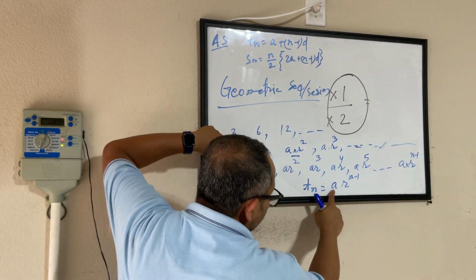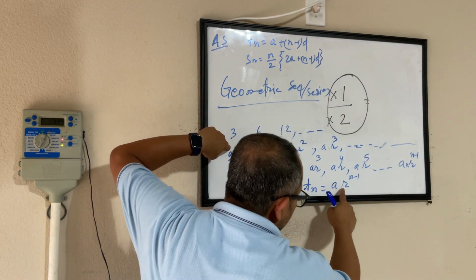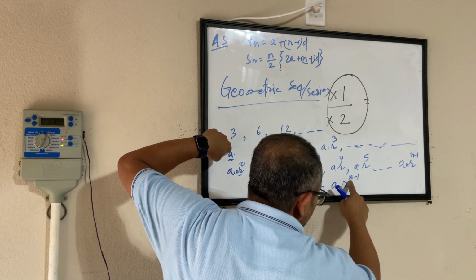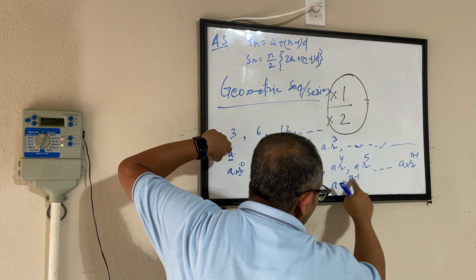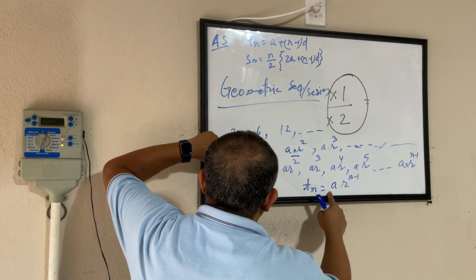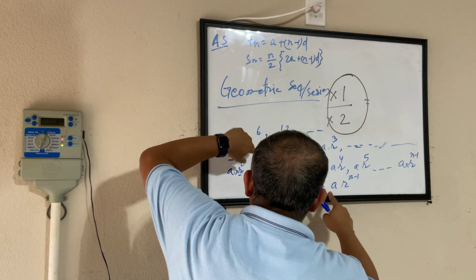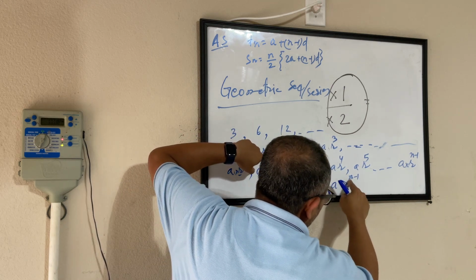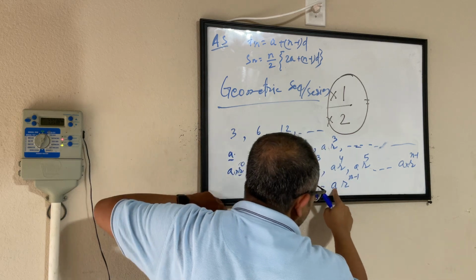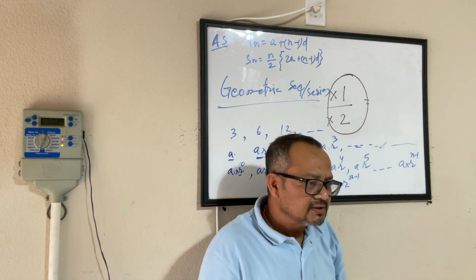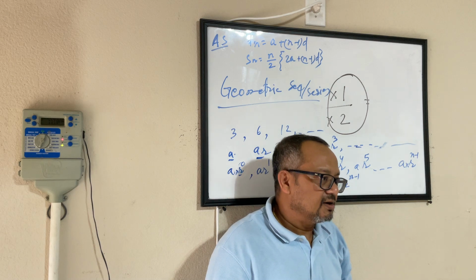My first term: n is 1, 1 minus 1 is 0, r to the power 0 is 1. First term is A. Second term: n is 2, 2 minus 1 is 1, meaning A times r to the power 1, which is A r. So this formula looks acceptable.